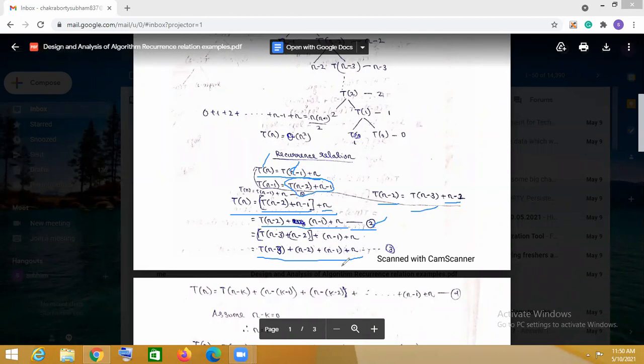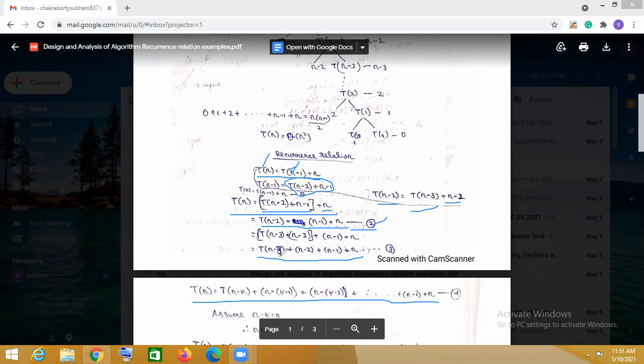After performing this, we can continue up to k steps. After continuing up to k steps, what will these functions become? If we continue these steps k times, it will become T(n) equals T(n-k). Now you see the value is 3, then 2, then 1.